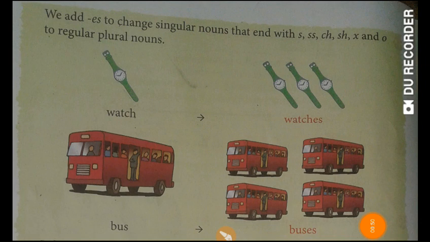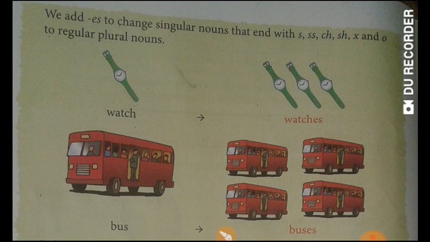The second rule is we add es to change singular nouns that end with s, ss, ch, sh, x and o to regular plural nouns. Means the words whose last letter or letters are s, ss, ch, sh, x or o, we add es to make their plurals.